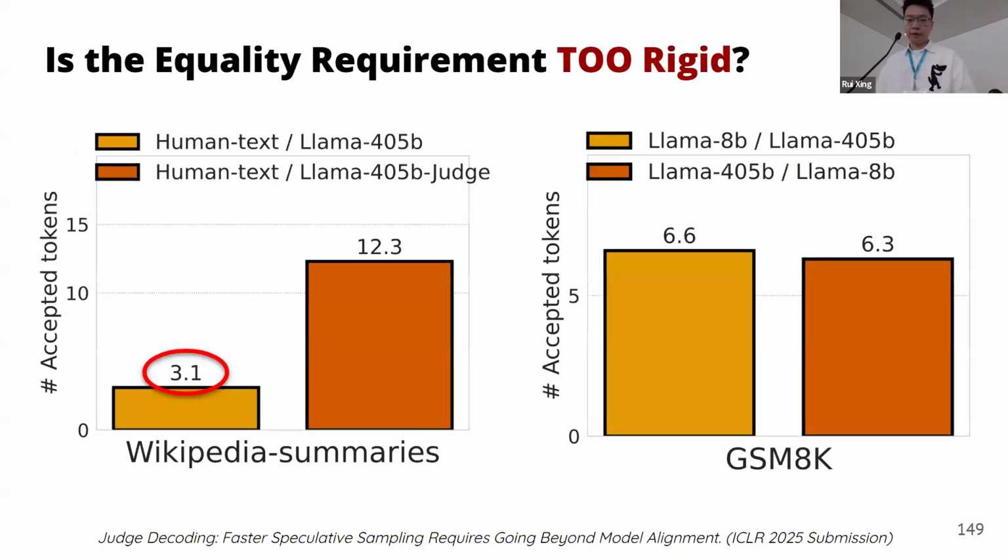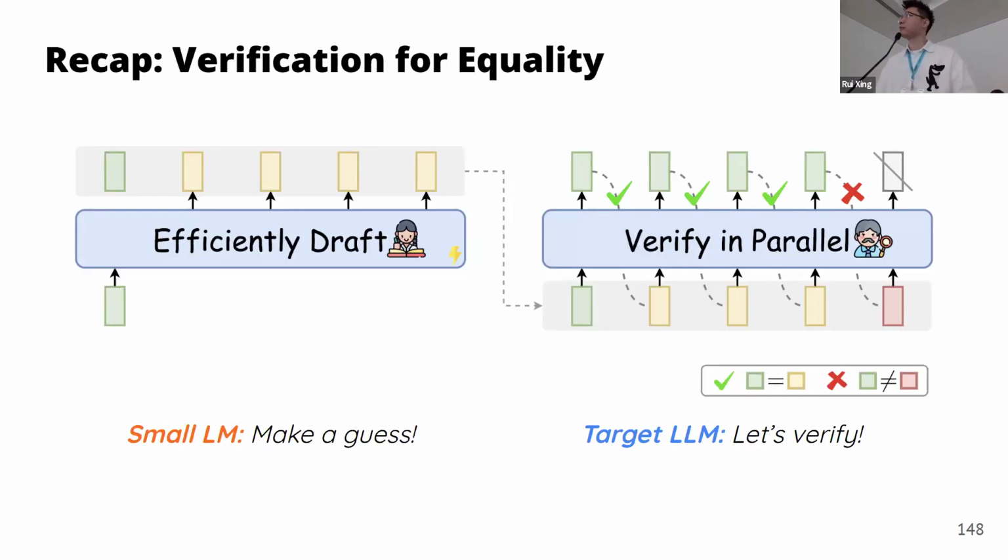However, in recent years, large language models have gradually improved, right? And we know that some days ago, Tsinghua University released a paper saying that the Llama 8 billion model has very promising capacity.